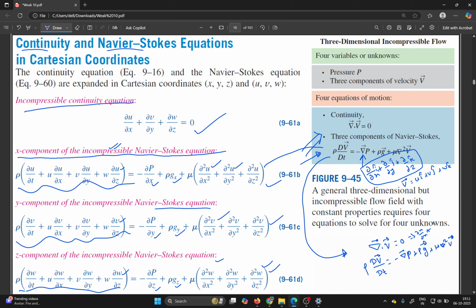Similarly, when you multiply, you will get dv by dy and dw by dz, and finally equal to 0. So you will get the similar thing, but the vector form is very easy to remember. Only you have to play with the divergence and all. So this is the concept, remember please.